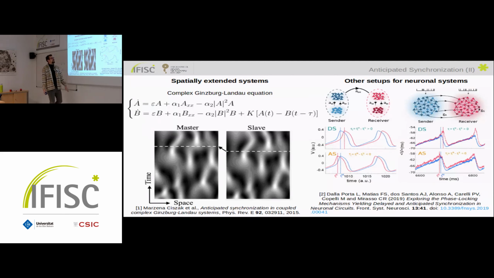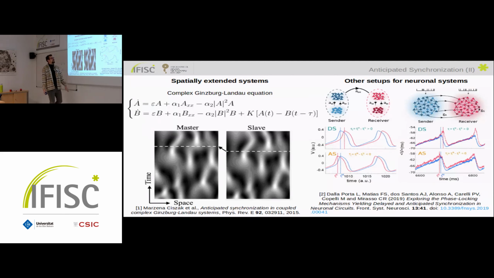And they showed in this paper that by changing the parameters, you can get a regime with delayed synchronization. So this receiver system is going below after the sender, but in other regimes you can find this sort of anticipated synchronization.